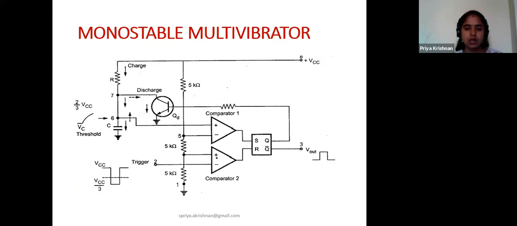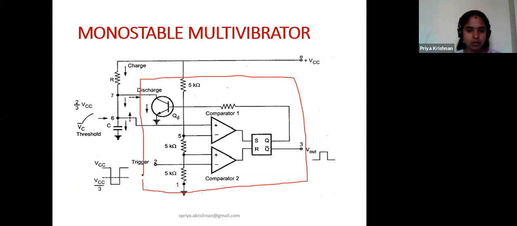So now let us discuss its operation. Initially I'll discuss the working in two parts. Here up to this part is already present. Those who joined late, one more time I'll explain. This part is the internal structure of IC 555.